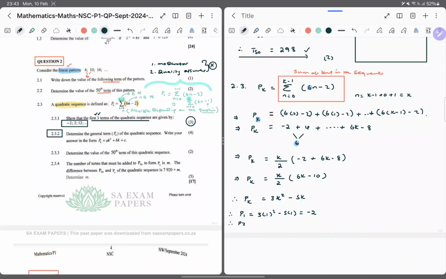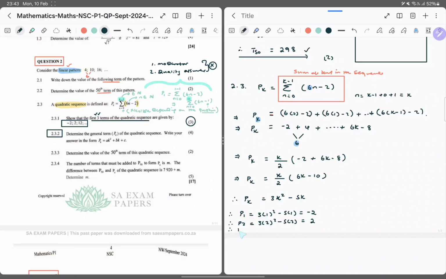Therefore also P2 is going to be 3 into 2 squared minus 5 into 2, which is 4 by 3, that's 12, 12 minus 10, that's a 2.